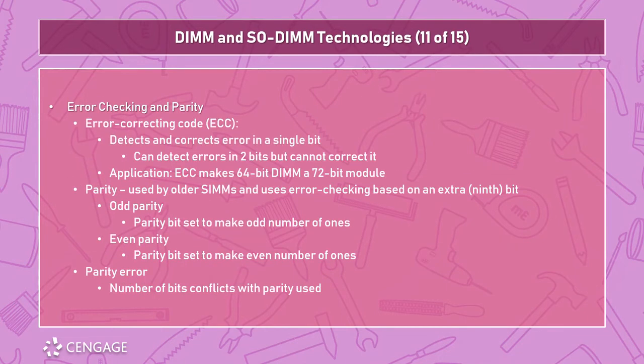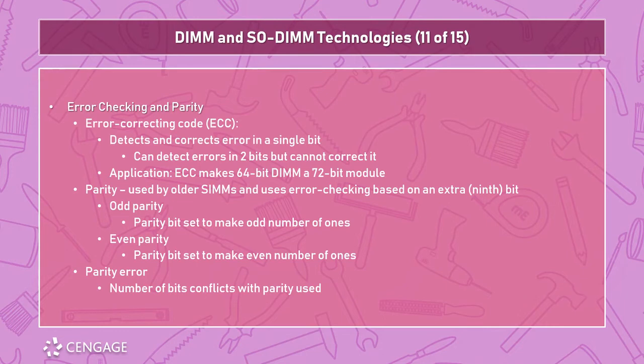Now, error checking. Error checking, or ECC, is going to be where we identify an error based on a comparison. So there's a code that's inserted every time the RAM is written to that is compared, and if the code does not match the necessary value, whatever comes through, then it's able to say, hey, there's a problem, and I'm going to go and fix it.